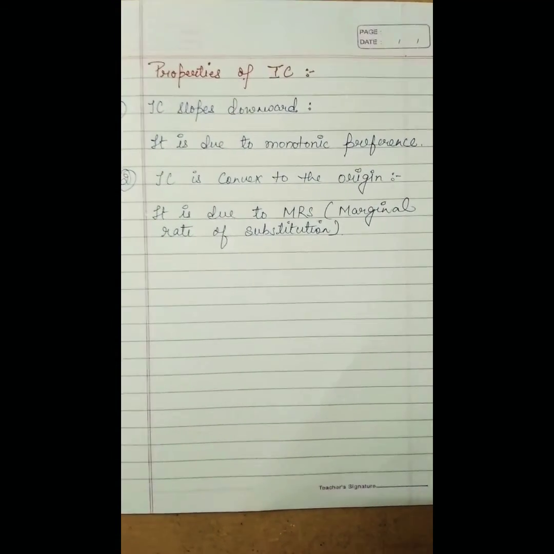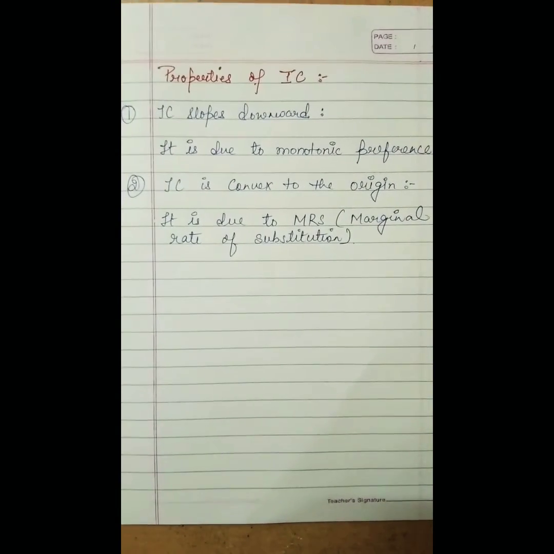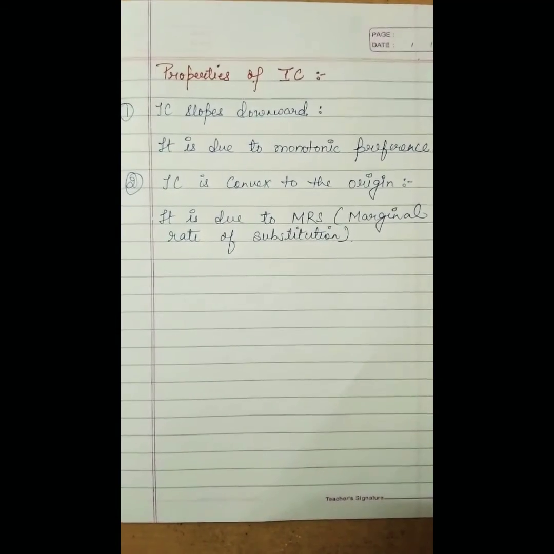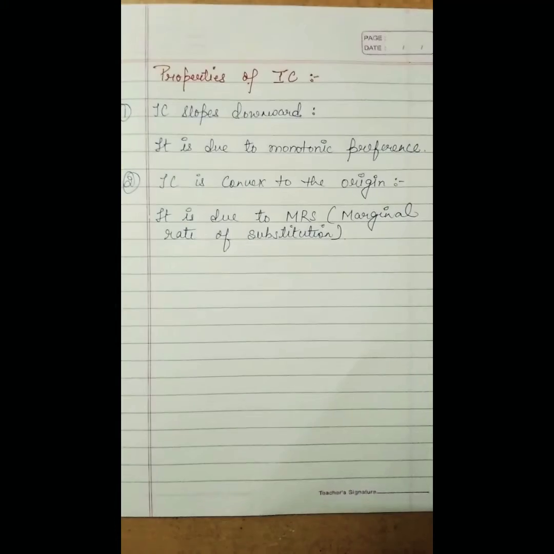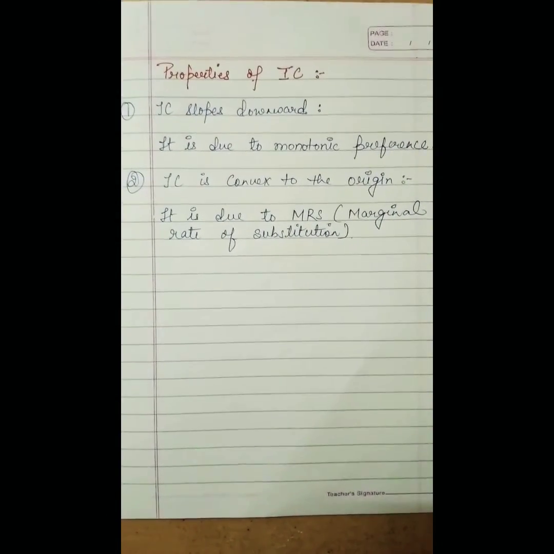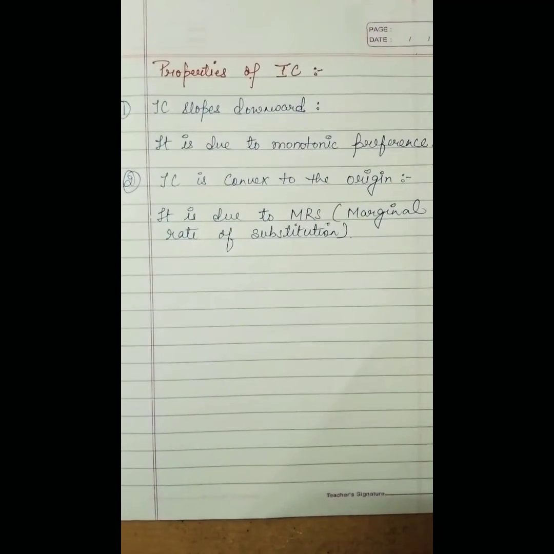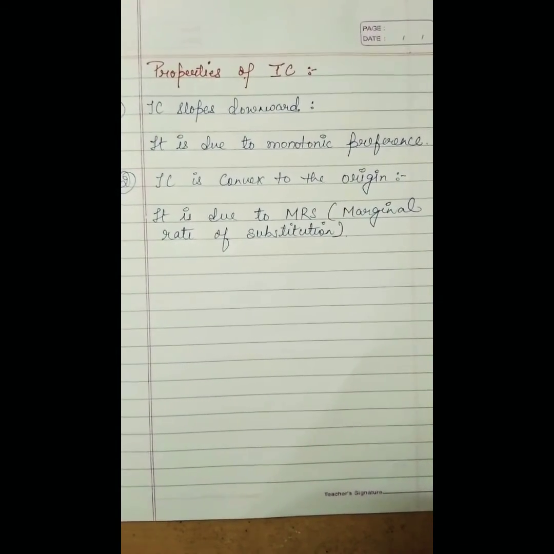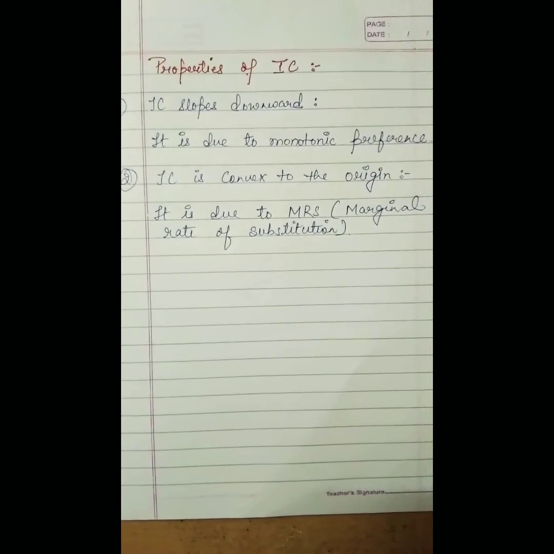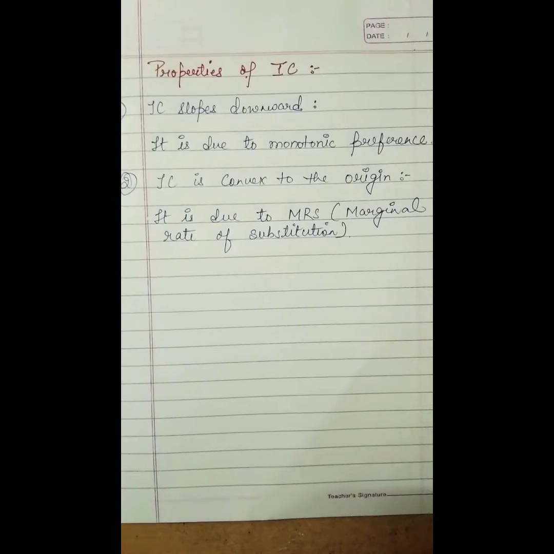Now you have to find out the reason for the same. Why does IC slope downward? IC slopes downward due to monotonic preference, which I told you about while teaching the assumptions of IC.